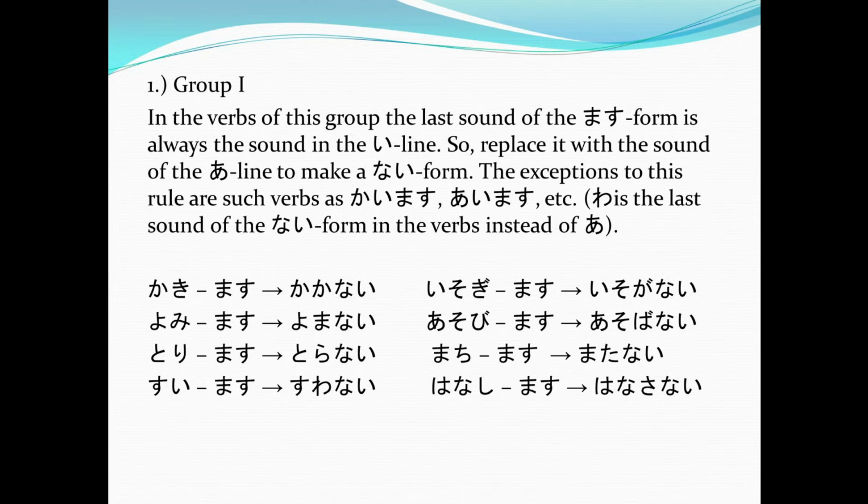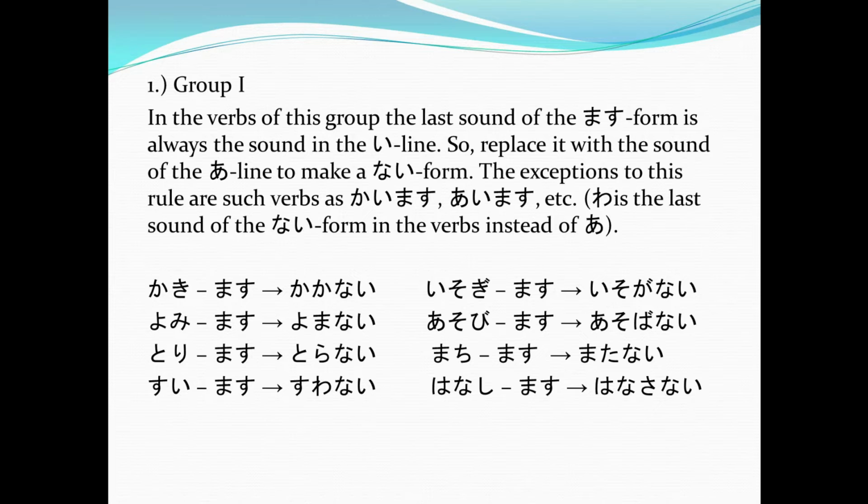Now, machimasu. What is the A line counterpart of chi? Alright, it's ta. So in machimasu, drop the masu, change the chi into ta, then add nai, and it will become matanai.